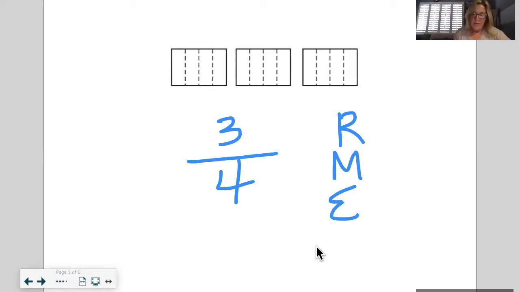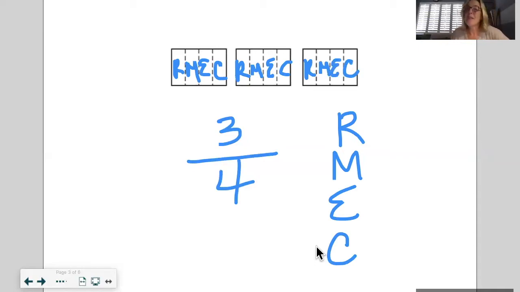Who am I missing? Chris. Okay, so Riley gets a piece, and Muhammad gets a piece, and Ethan gets a piece, and Chris gets a piece. And then we'll do the same thing on the second candy bar. Riley, Muhammad, Ethan, Chris.